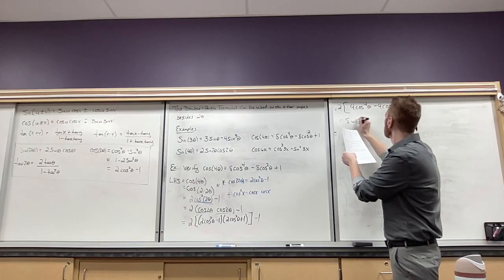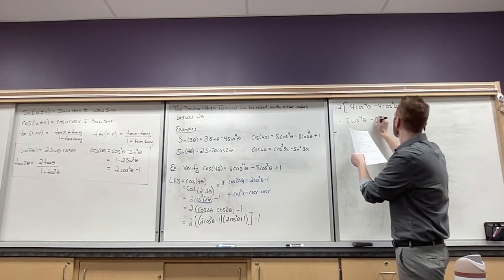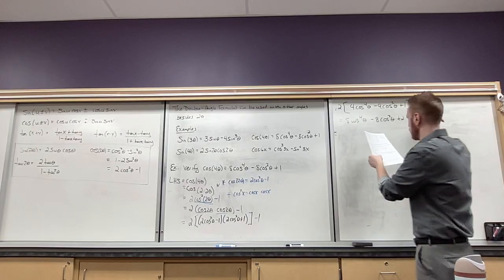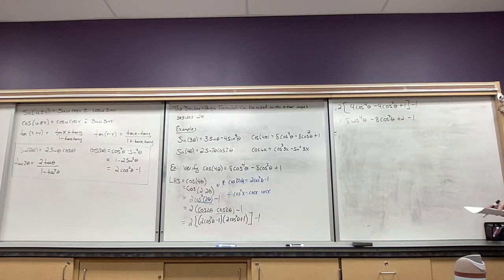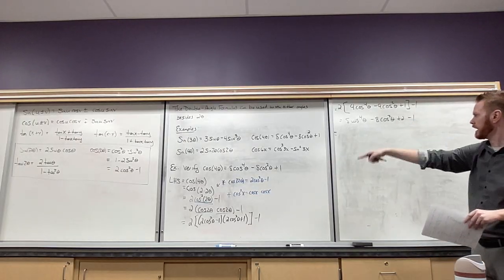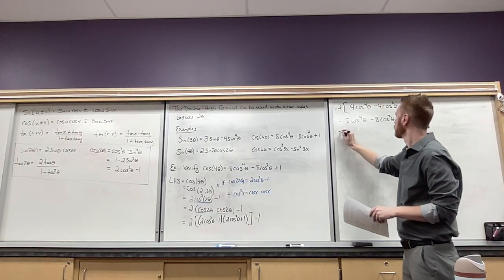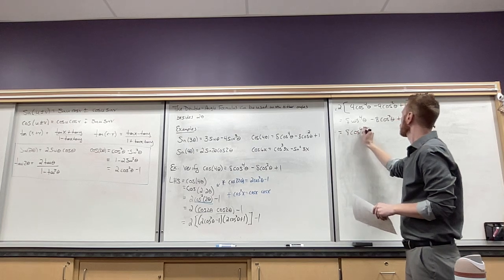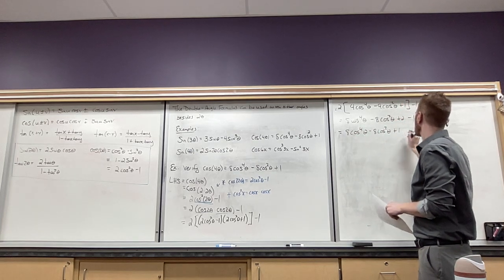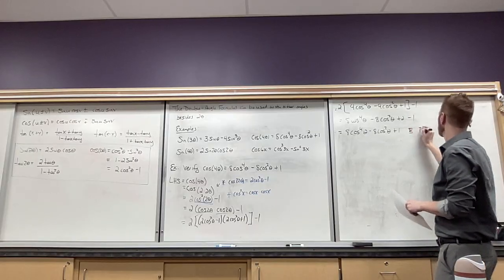We get 8 cosine to the 4th of theta minus 8 cosine squared of theta plus 2. And don't forget the minus 1 after. And I think we're just about there, huh? If I combine these two, I get my 1, and everything else matches up. So we get 8 cosine to the 4th of theta minus 8 cosine squared of theta plus 1. All right, we did it.